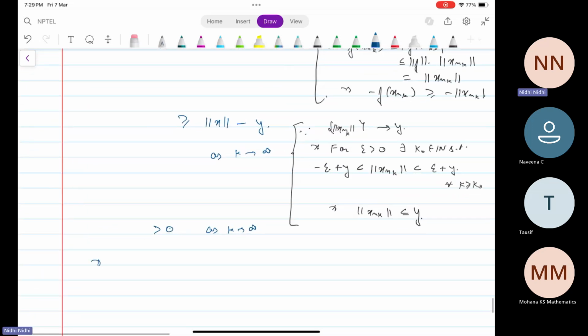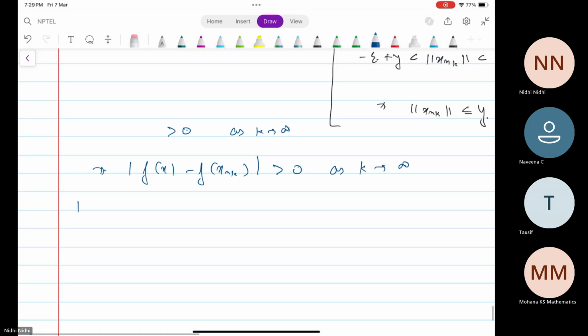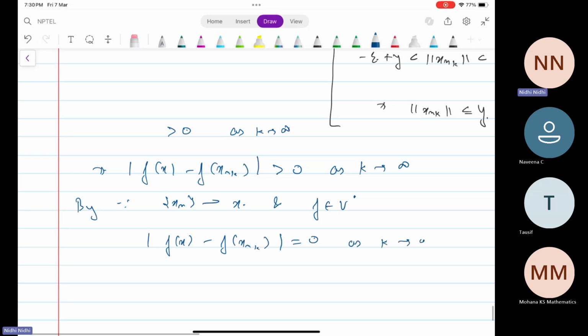So this implies modulus of f(x) minus f(xnk) is bounded below by a strictly positive number as k tends to infinity. But since we had weak convergence and f belongs to V star, f(x) minus f(xnk) should be equal to 0 as k tends to infinity.